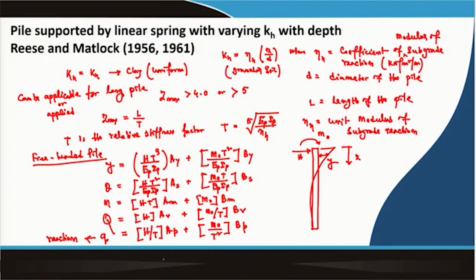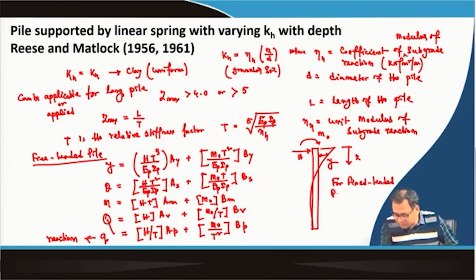For the fixed headed pile, again a moment will be developed due to the fixity, and that moment is equal to m 0, given as minus 0.93 h t.